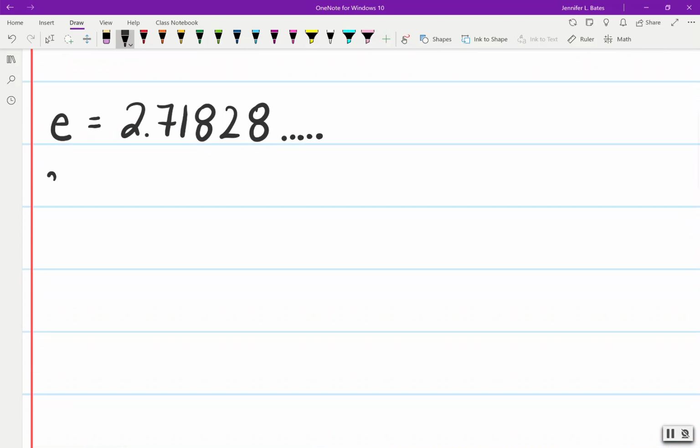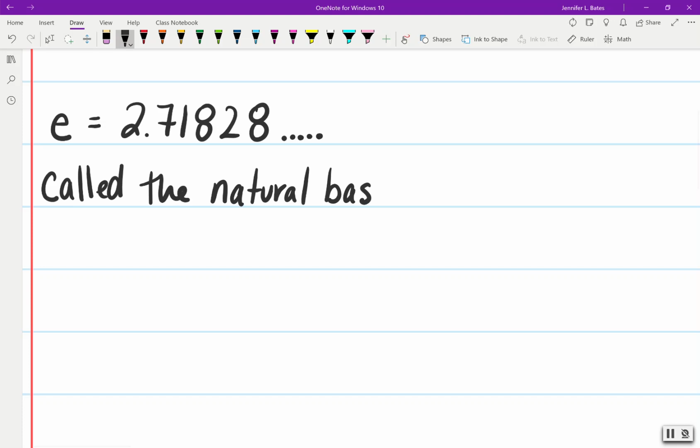So E is called the natural base. So when we use E with logs, we call it the natural base. And then when we use it as a base, we don't write log base E of x. We don't write it like this.